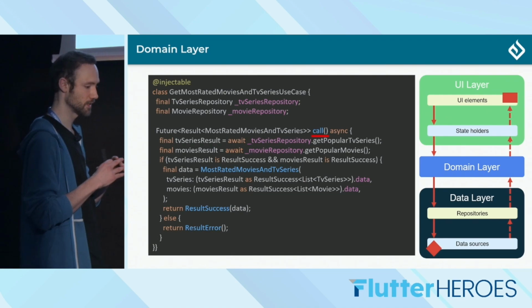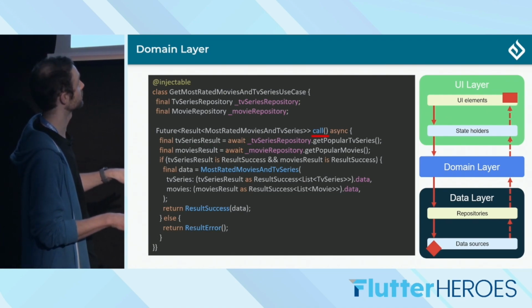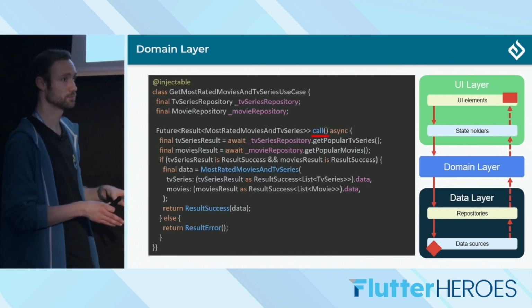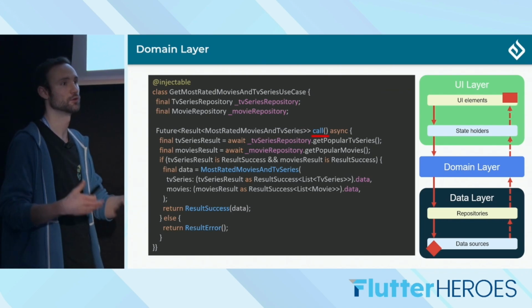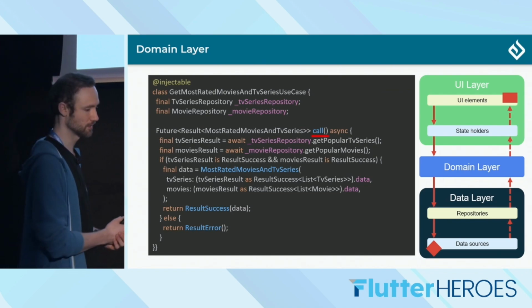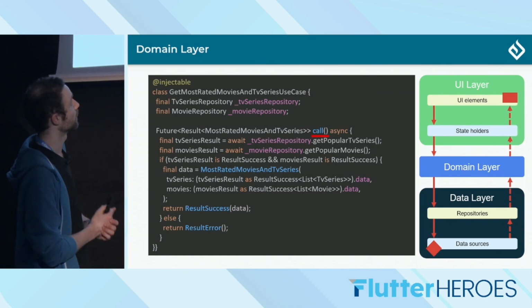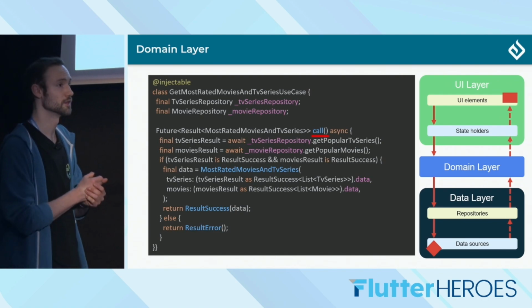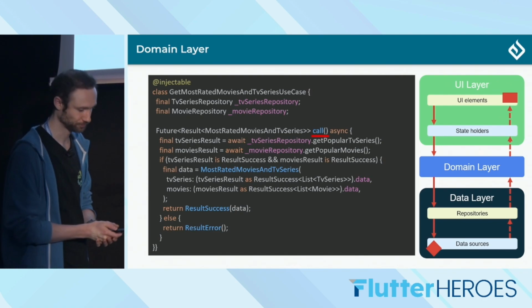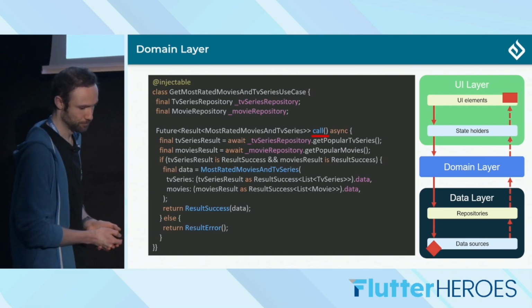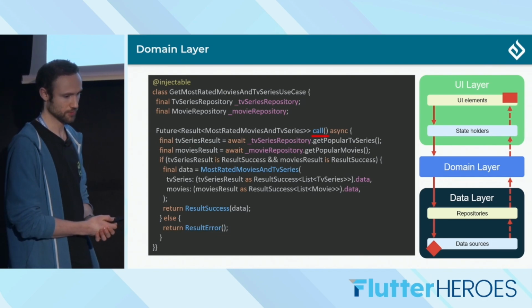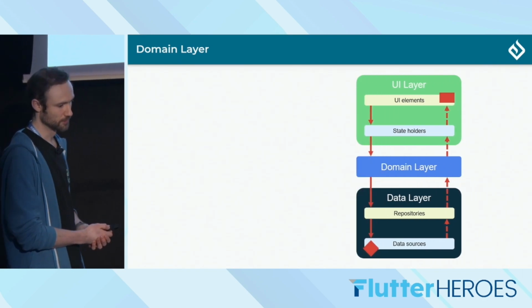And we don't have other functions inside this class. We're just overriding the call operator. And with this pattern, we always want to make sure, like a paradigm, that we're only having one functionality inside each use case. That is an example also for the domain layer.